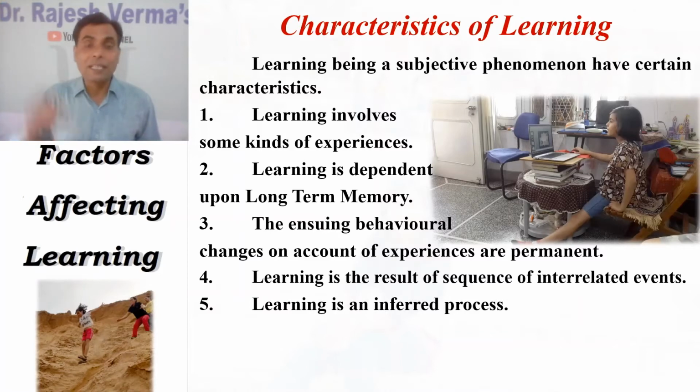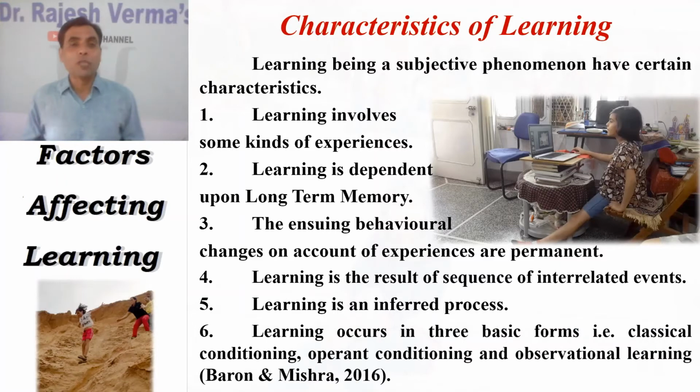We may learn the important points of that process or the important events, the timing of that process, but we never can keep all the minute details of that process in long-term memory, and then finally we infer the outcome of that process, and that outcome leads to the experience or the practice, and that is known as learning.